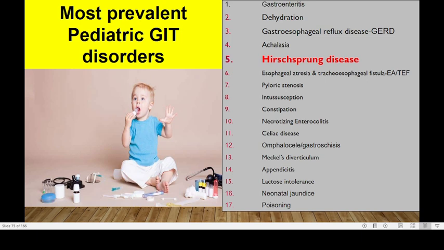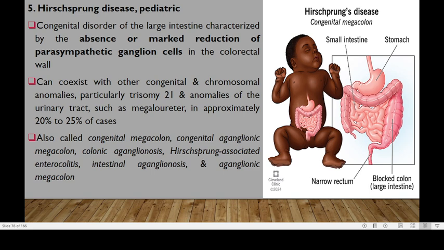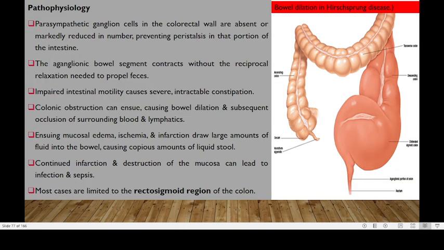The fifth condition is Hirschsprung disease, and this disease is characterized by absence or marked reduction of parasympathetic ganglion cells in the colorectal wall. This condition is also referred to as congenital megacolon, congenital aganglionic megacolon, colonic aganglionosis, Hirschsprung-associated enterocolitis, intestinal aganglionosis, and aganglionic megacolon.